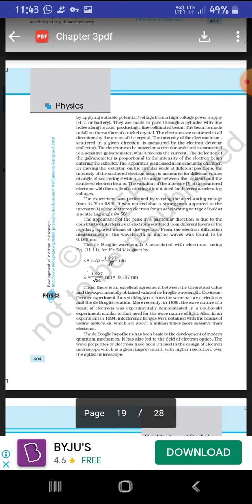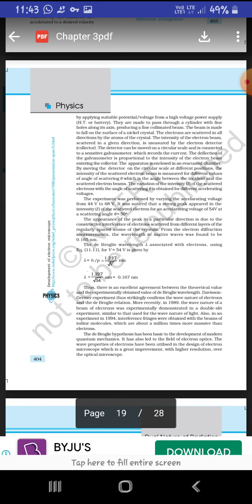The experiment was performed varying the accelerating voltage from 44 volt to 68 volt. The scattering angle theta is equal to 50. From the electron diffraction measurement, the wavelength of the matter wave was found to be 0.165 nm, and V is equal to 54 volt.